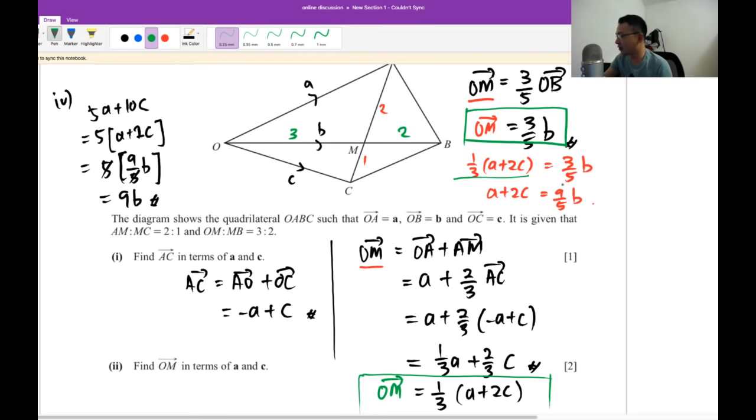The other side of OM is 3 over 5B, right? Because I want to get A plus 2C here, I move the 1 over 3 to the other side. It becomes 9 over 5B. Now I successfully get the value for A plus 2C. If I substitute the 9 over 5B into here, I can easily get my 9B only. Because the question wants to find 5A plus 10C in terms of B. Can you understand?